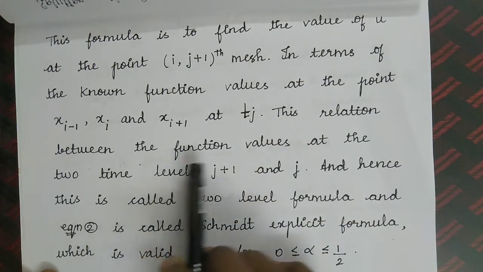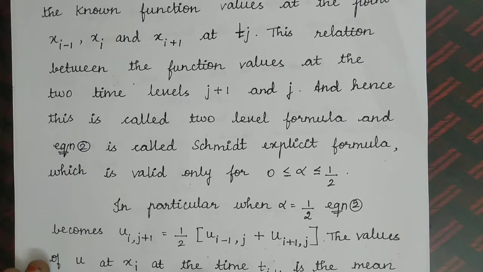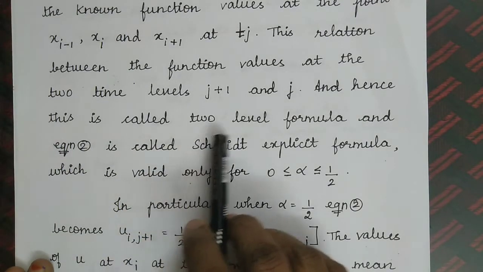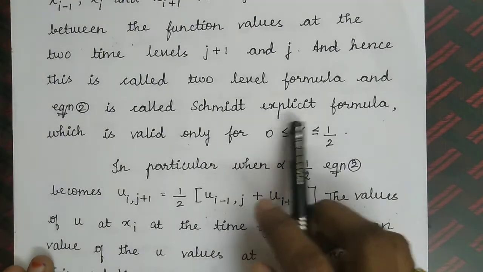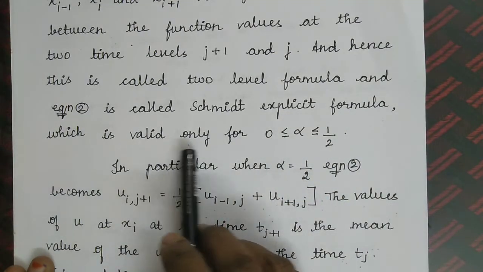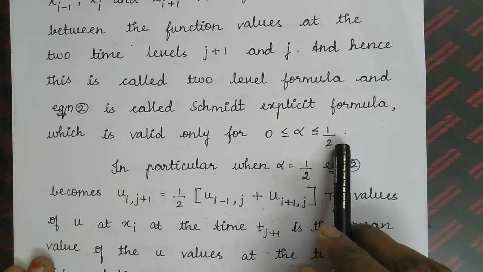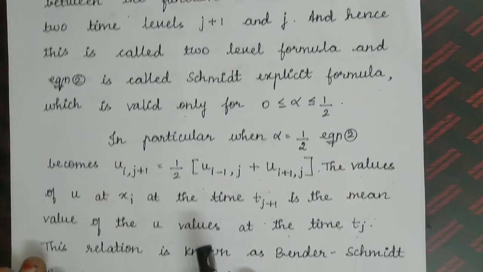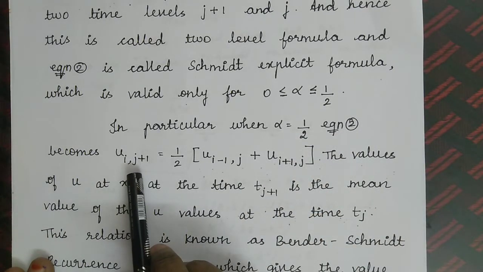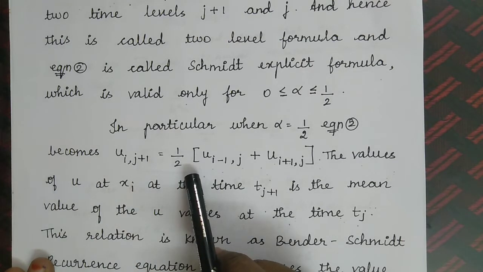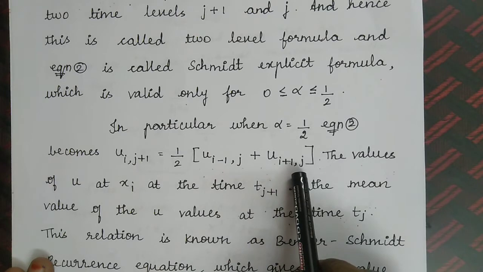This relation is between the function values at the two time levels j+1 and j, and hence it is called a two-level formula. Equation 2 is called the Schmidt explicit formula, which is valid only for 0 ≤ α ≤ 1/2. In particular, when α = 1/2, equation 2 becomes u_i,j+1 = (1/2)(u_i−1,j + u_i+1,j).